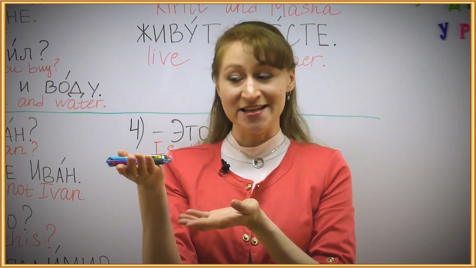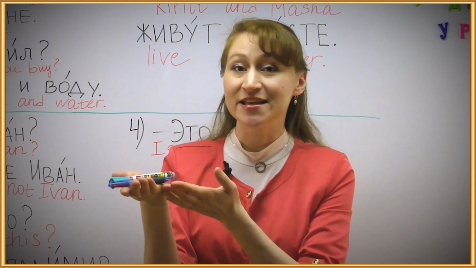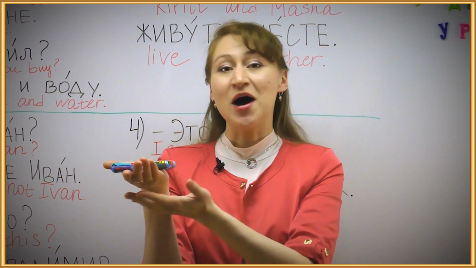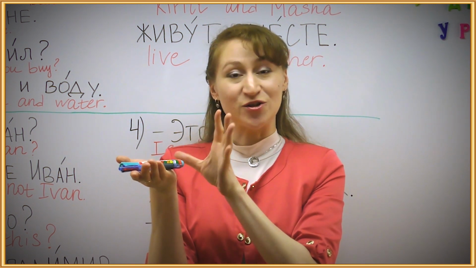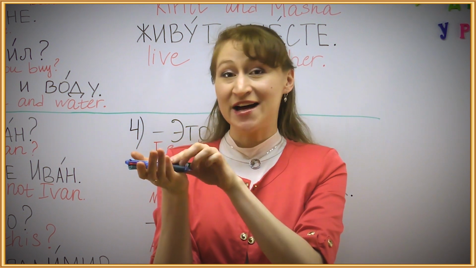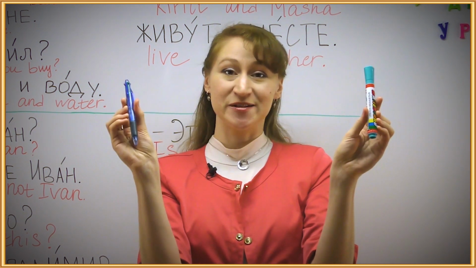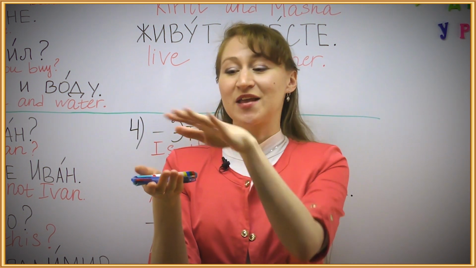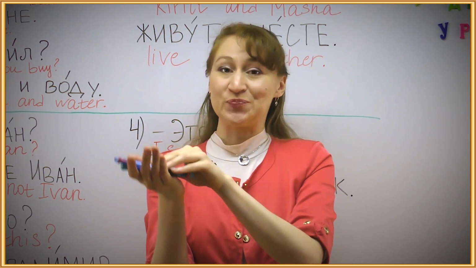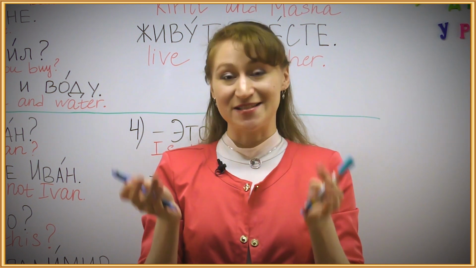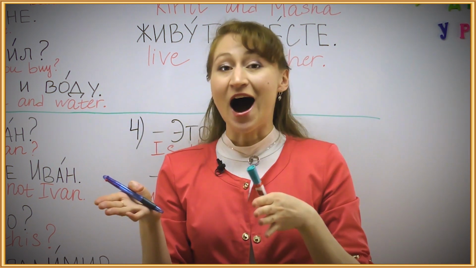Здесь у меня есть маркер и ручка. So now I'm looking at them as one group, as a combination of two items. Now I don't highlight their different properties. I look at them as one group, right? So this is the main difference between и and а.